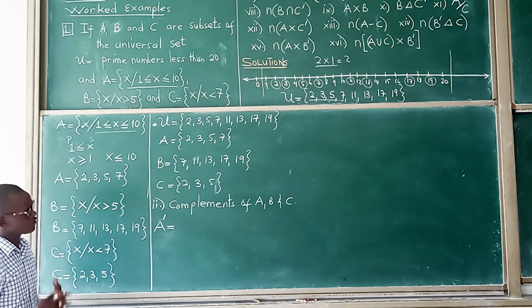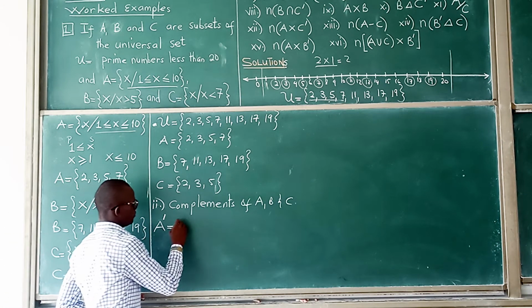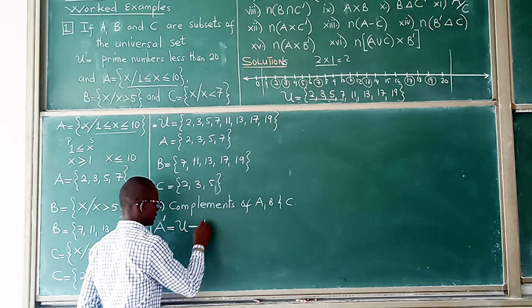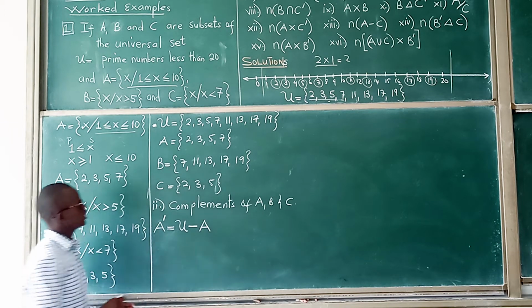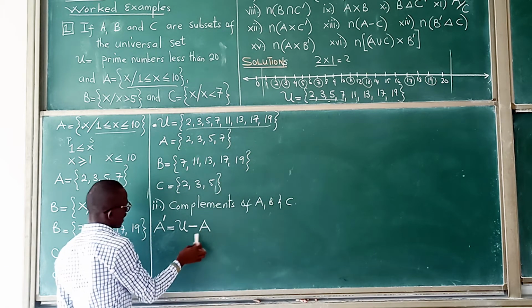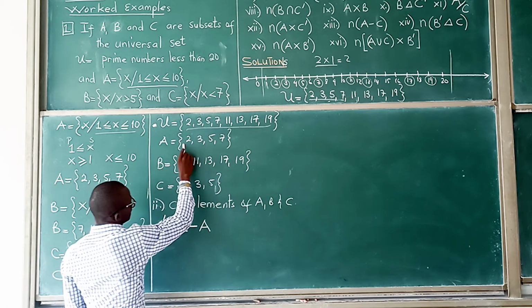To get the complement of a set, the formula is the universal set minus the set itself. So you subtract A from the universal set.